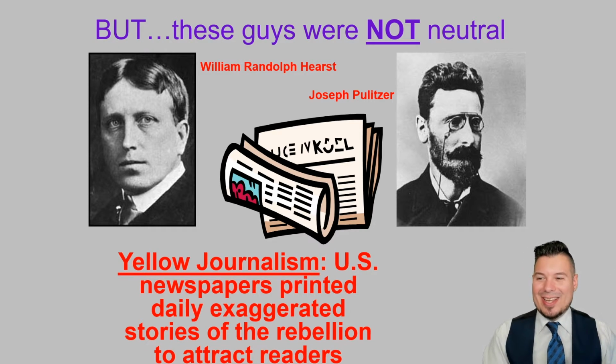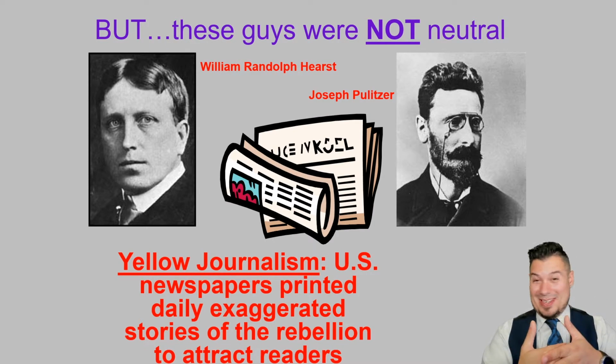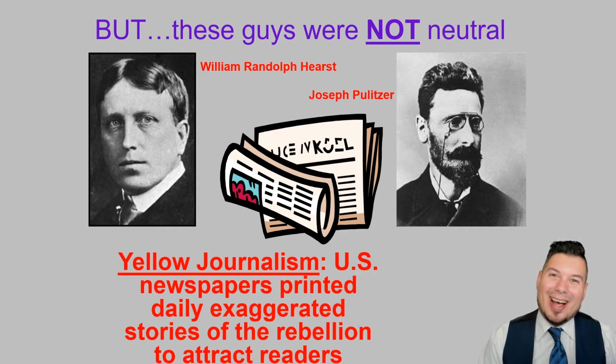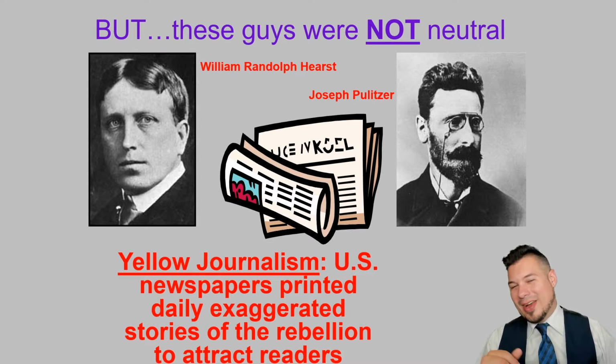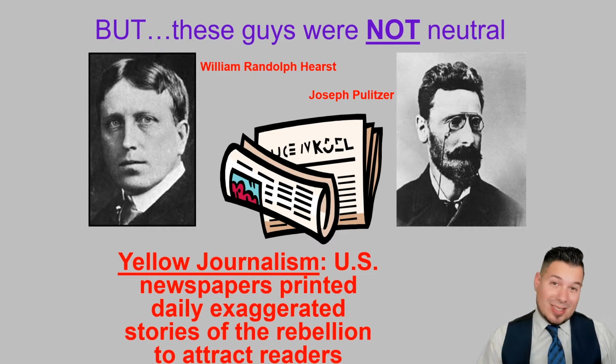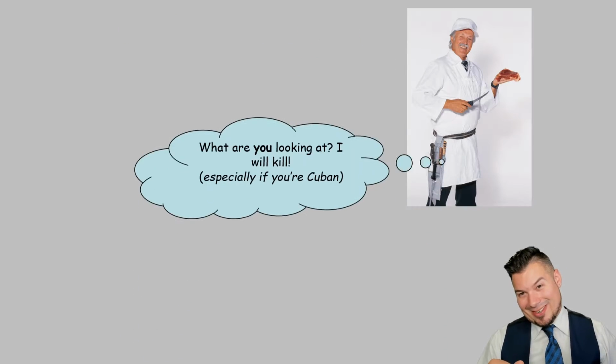They're exaggerating it, or what some say, sensationalizing it, making it sound, in some cases, crazier than it ever was. Completely going off the rails in some cases. And so we see this is huge during this era. Yellow journalism: over-exaggerated stories just to get readers.